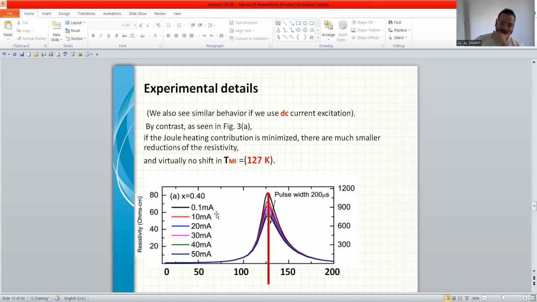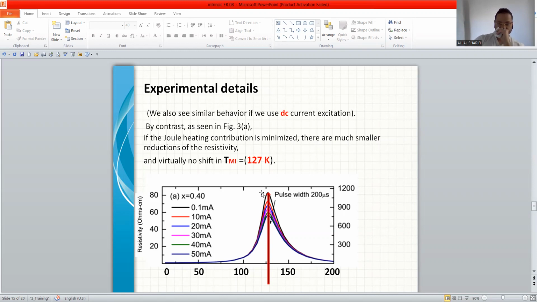At 0.1 milliampere, the curve starts approximately at 0, and after 75 or less than 100, this curve starts increasing to the maximum point. Here we have an interesting thing: all of these curves, all of these different amounts of current, share the same insulating material transition temperature.